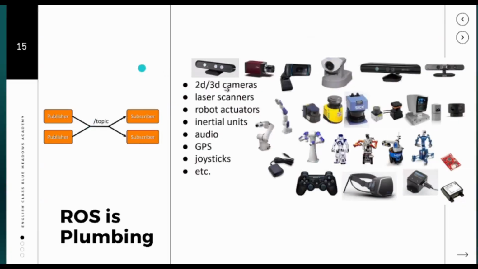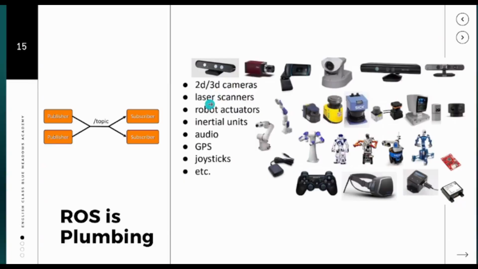So for example, things that can send data to those topics are cameras, whether they are 2D or 3D, and also scanners and actuators, with some kind of odometer readings and those kind of things.